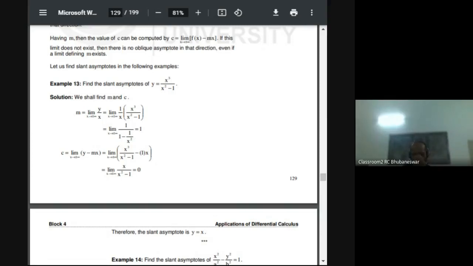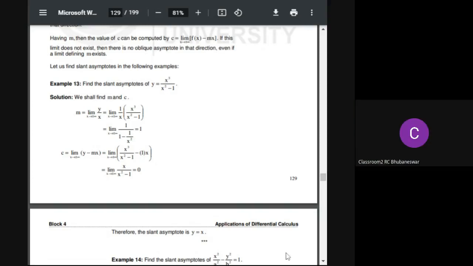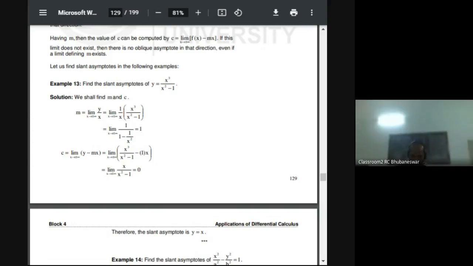So in this way, we can calculate the value of m by using the relation y by x, and we can calculate the value of c by using the relation y minus mx. We can represent the slant asymptote as y equal to mx plus c. This is the calculation procedure to find out the slant asymptote.